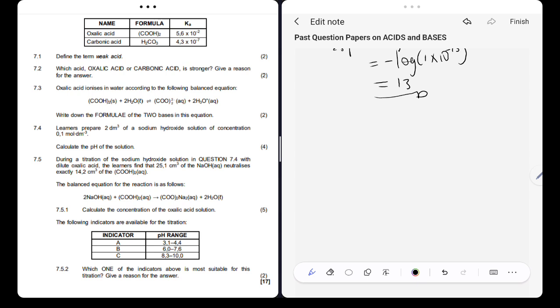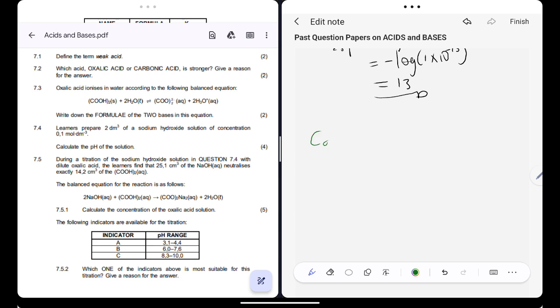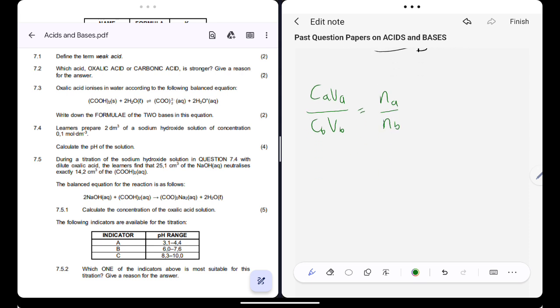Since, guys, there's complete neutralization here, both the acid and the base have neutralized. We can simply use our titration equation: CaVa over CbVb is equal to Na over Nb, right?